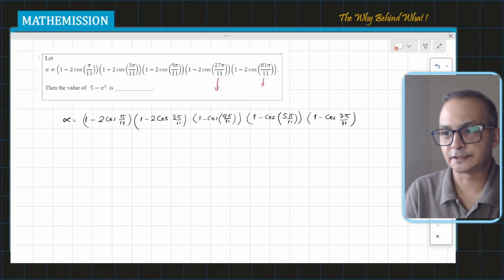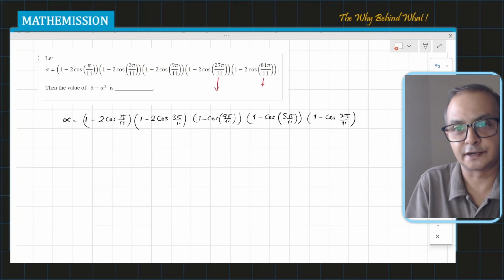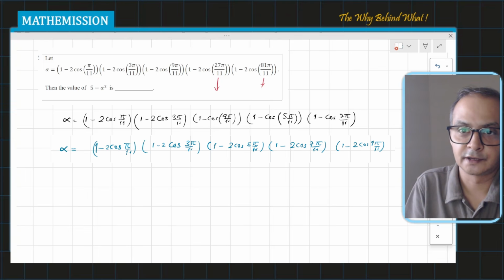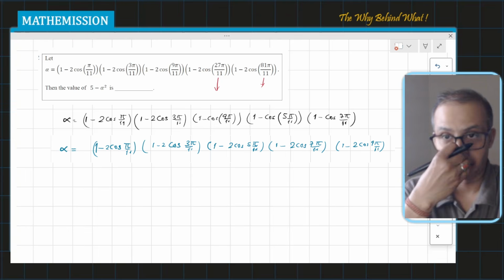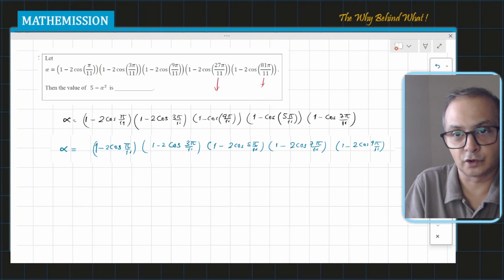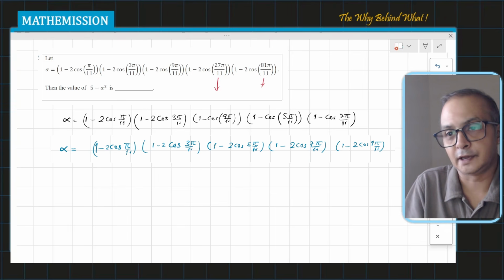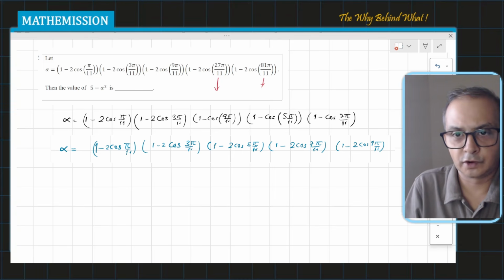Now you can see that every term is there, so I'm writing alpha as the product. Let me write it here. We can write the product of 1 minus cos pi by 11, then 1 minus 2 cos 3 pi by 11, and till 1 minus cos 9 pi by 11. So now we have a goal.